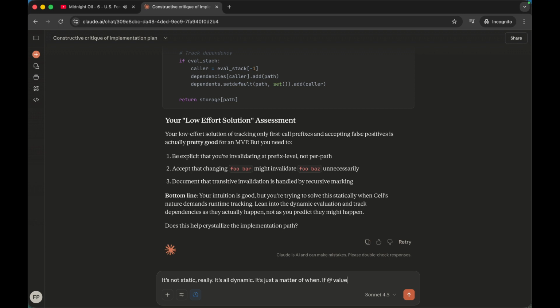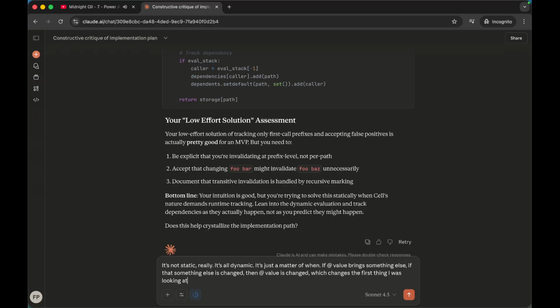If add value brings something else, if that something else is changed, then add value is changed, which changes the first thing I was looking at. I can do this because definitions, although runtime, are values.